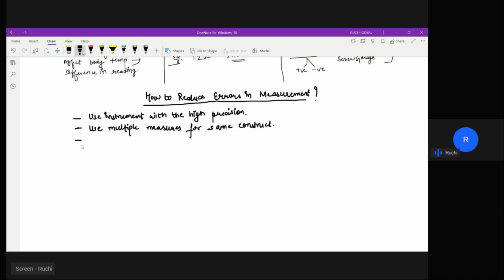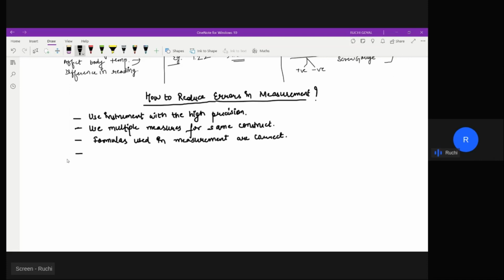We can see, formulas used in the measurement should be correct, right?